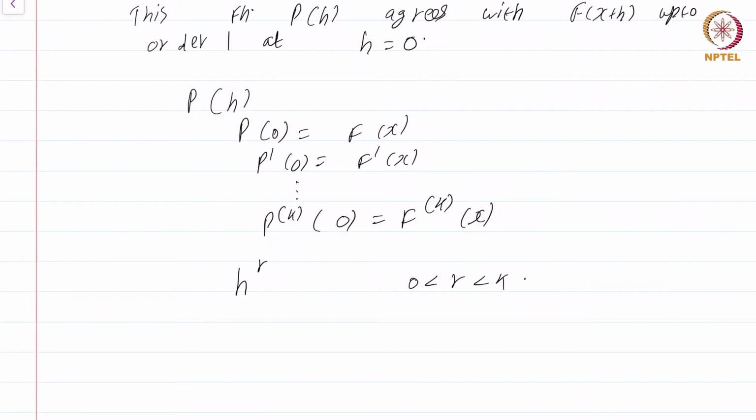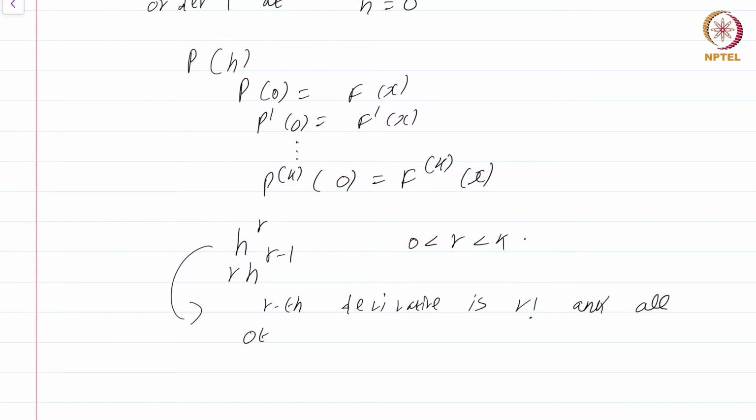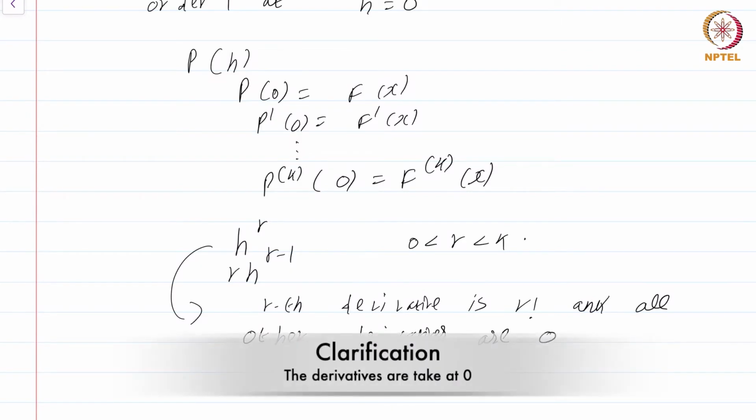The derivative of this is r h to the r minus 1. These h to the r have the special feature that the rth derivative is r factorial and all other derivatives are 0. Of course, I am treating it as a function of h and differentiating with respect to h.